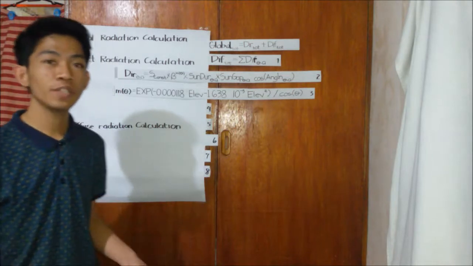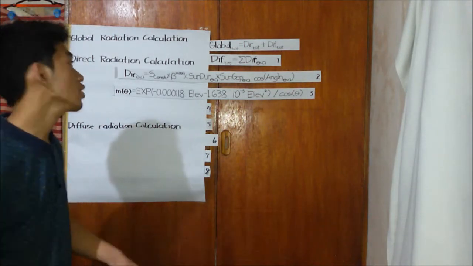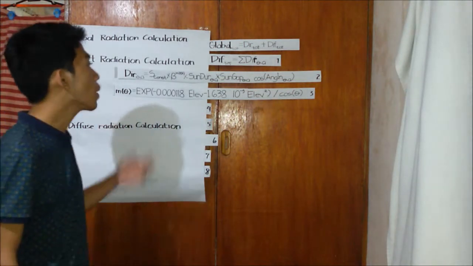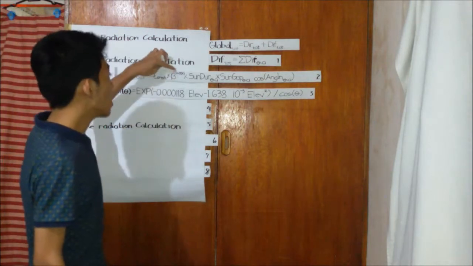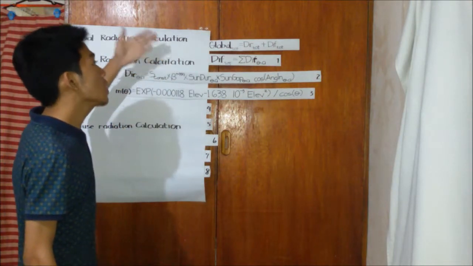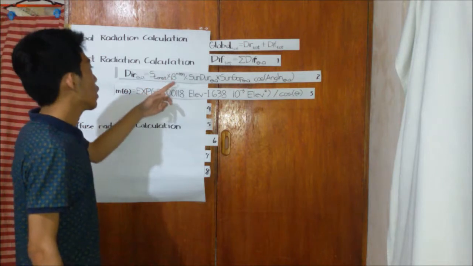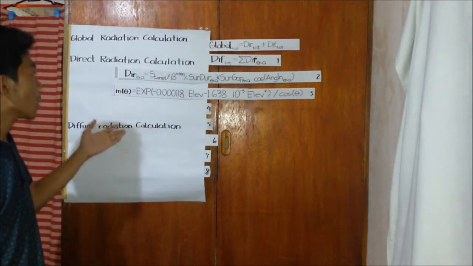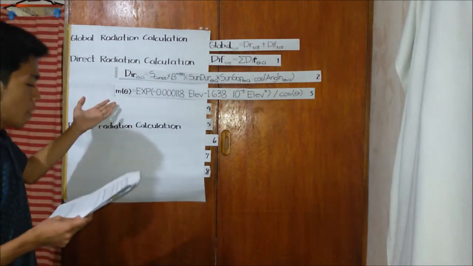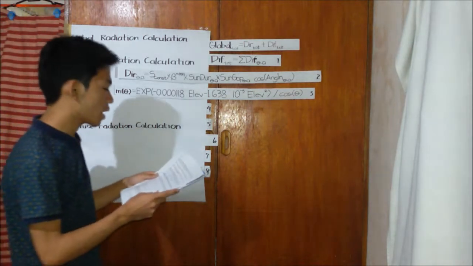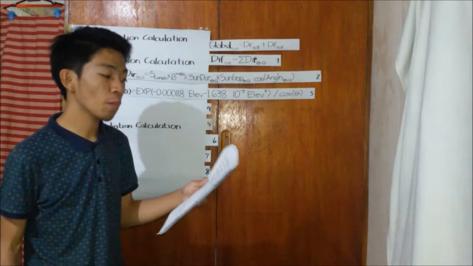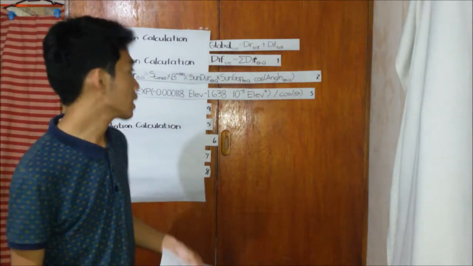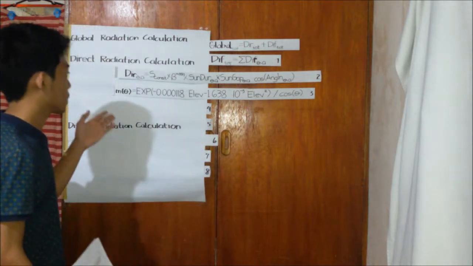The third equation of the direct radiation calculation comes from the power of the transmissivity, where the relative optical path length is measured as a proportion relative to the zenith path length.